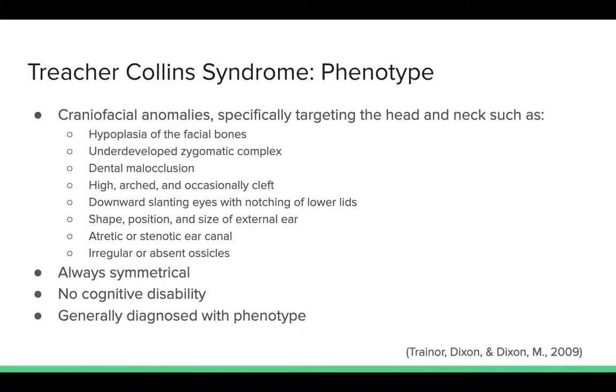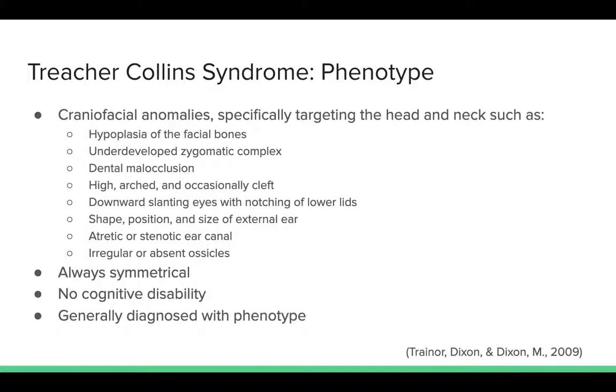The ossicular chain is disrupted, irregular, or absent. These patients' symptoms are always symmetrical, which is extremely useful in differential diagnosis. Diagnosis of Treacher Collins is generally based on how these phenotypes are presented.